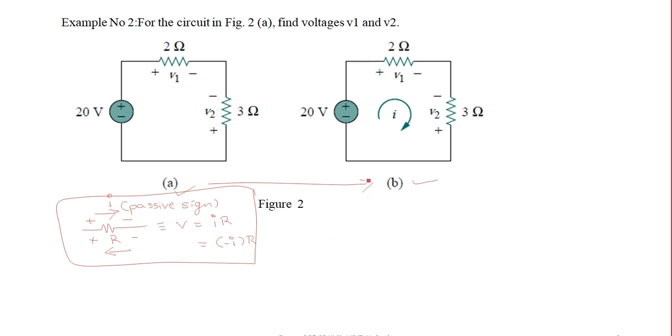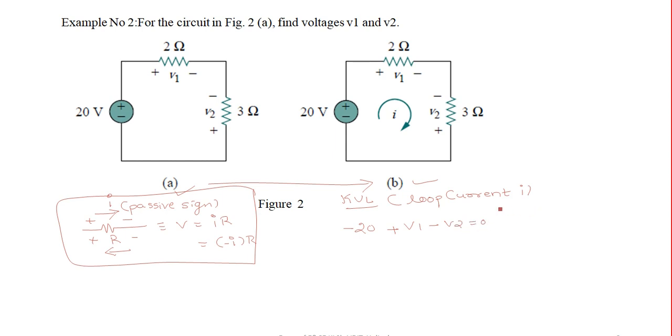So if you consider the same way, now if I apply KVL with respect to the loop current I, then what I will get is minus 20 plus V1 minus V2 equal to 0.